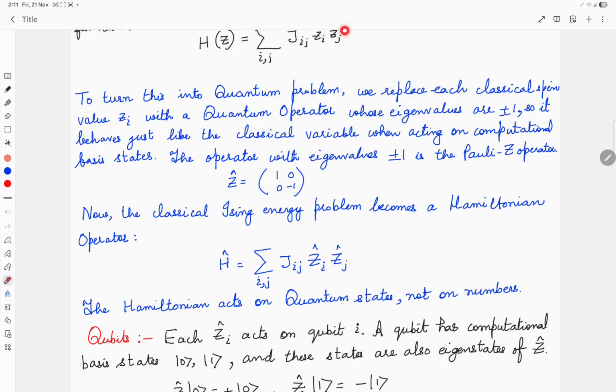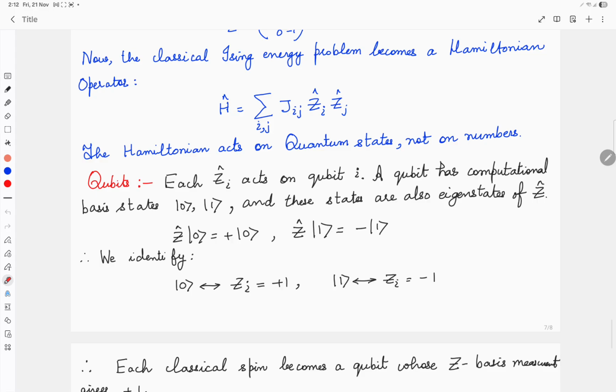Earlier, this Hamiltonian was acting on the numbers Zi's and Zj's. But once we have translated the classical spin problem into the quantum problem, the Hamiltonian operator will act on the quantum states. Each Zi acts on qubit i.